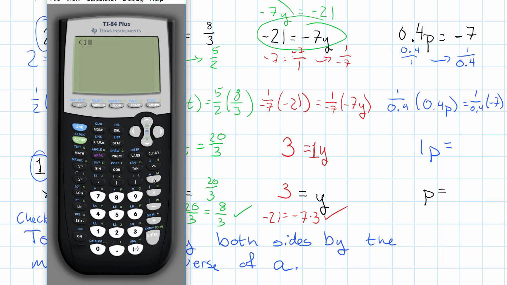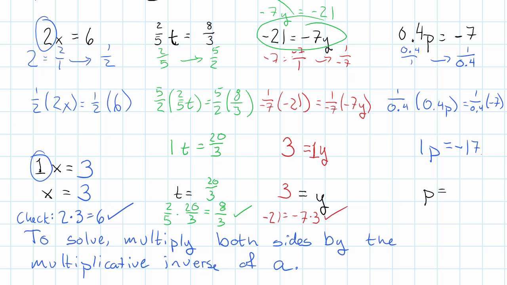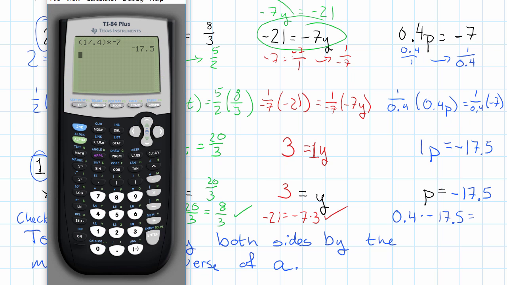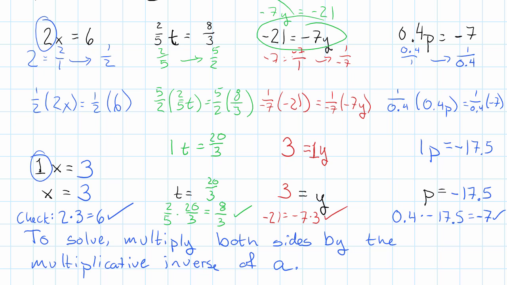I'm just going to take 1 over 0.4 times -7, and I get -17.5. So my p is -17.5. Checking. 0.4 times -17.5. Calculator again. 0.4 times -17.5 really is -7.